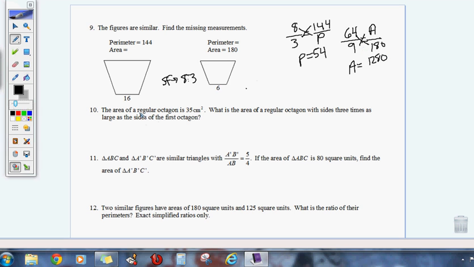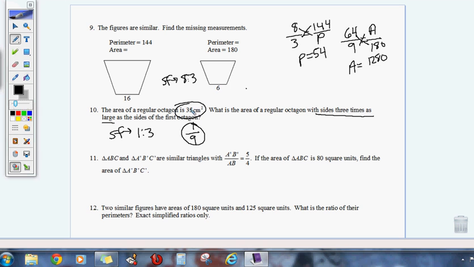Now that concept down below here, read this question a few times and understand what it's saying. After you read it a few times, you should realize that the scale factor from small to large is 1 to 3. So that tells you that the ratio of the areas is 1 to 9. Well, what is the area of a regular octagon 3 times as large? They're asking you for the area of a larger octagon than a given area.